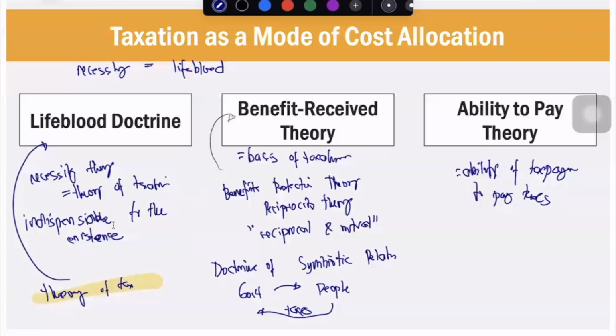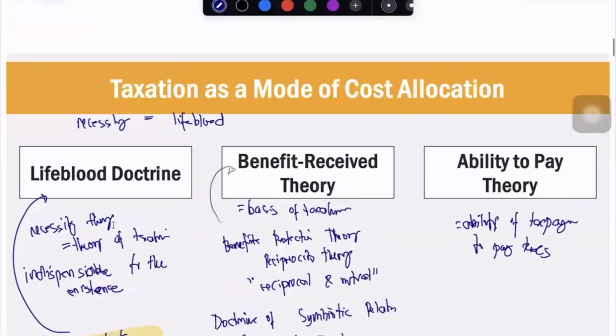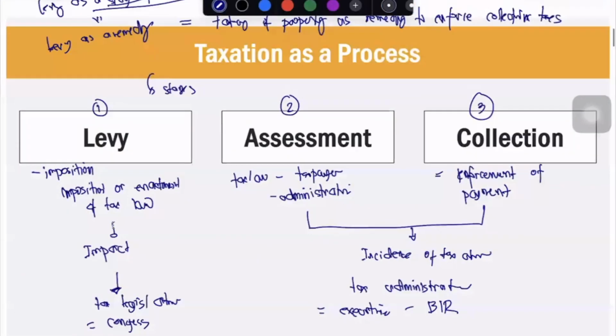So we anchor the definition of taxation as a mode of cost allocation based on lifeblood doctrine, benefit received theory, and ability to pay theory. Just as we anchored a while back the definition of taxation as a process, we anchor it over the stages of taxation: levy, assessment, and collection.